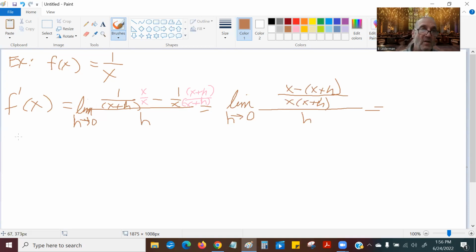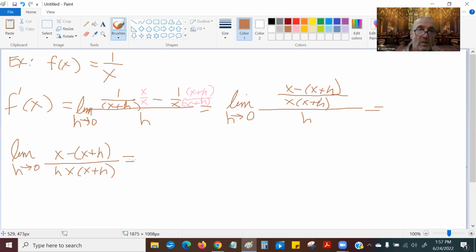Let me just rewrite the whole thing. This is equal to the limit as h goes to 0 of x minus x plus h over h times x plus h.